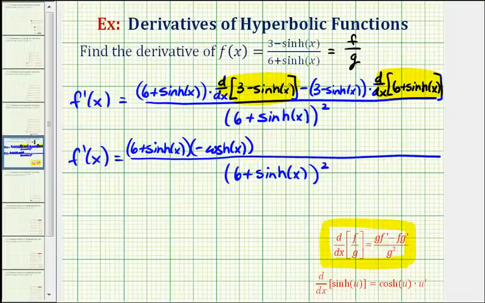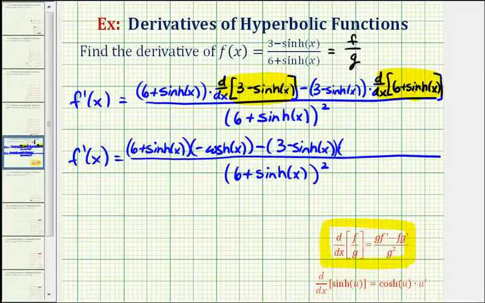Notice how, because the inner function is just x, and the derivative of x is equal to 1, we don't have to apply the chain rule in order to find this derivative, even though our derivative formula does include the chain rule.